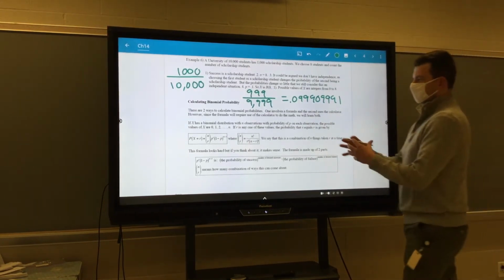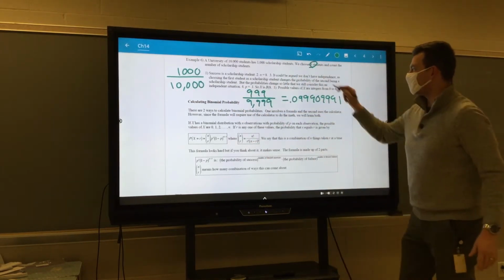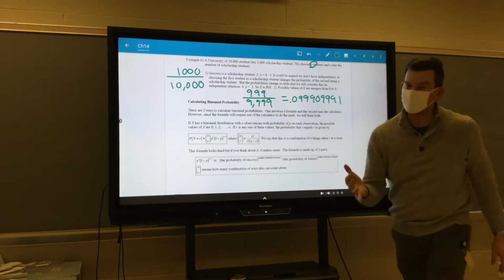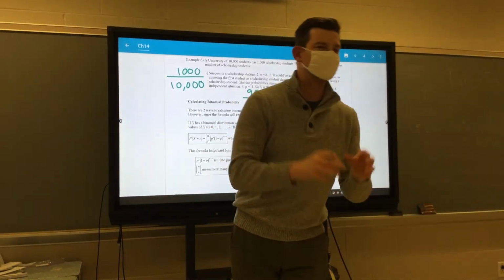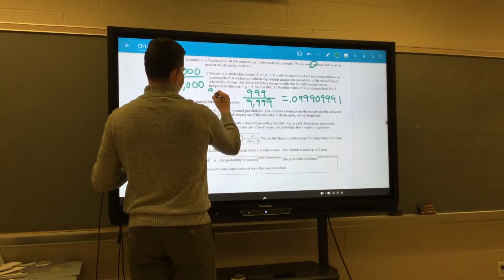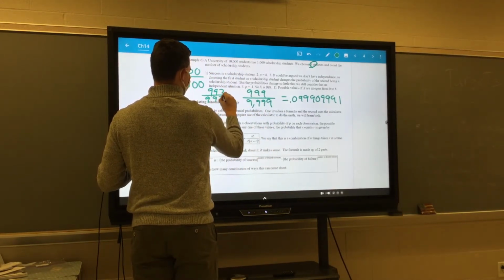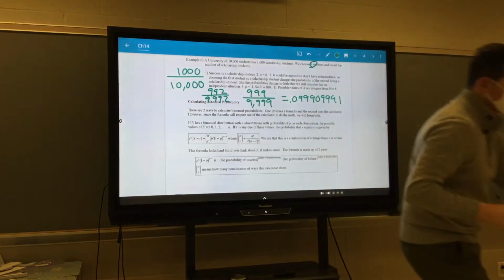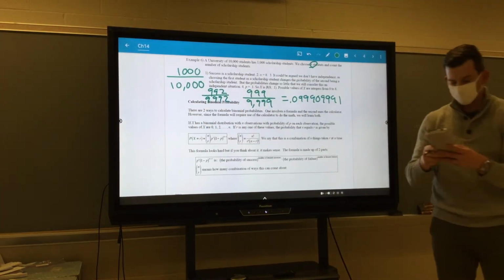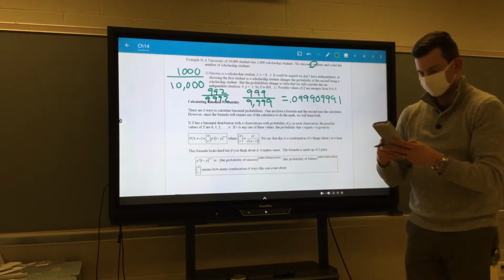And over the course of 10,000 students, I mean, we're only picking 8. So at the very worst, if we kept selecting scholarship students, by the end of this, we have 992 out of 9,992. I mean, we're still going to be pretty much at 10%.